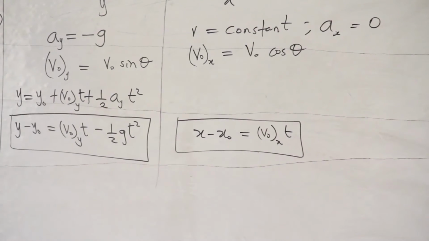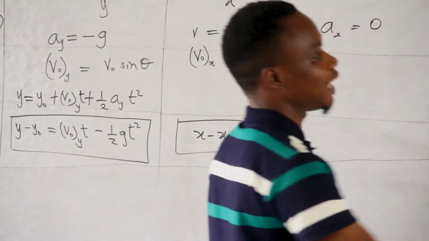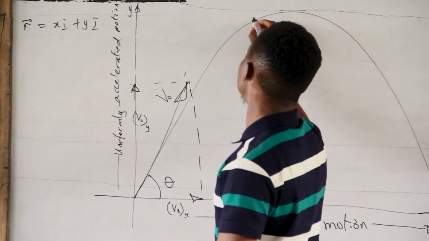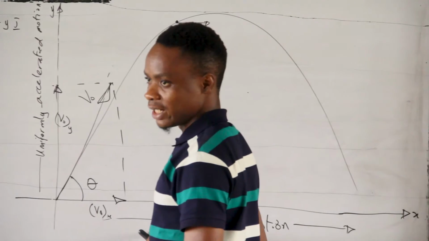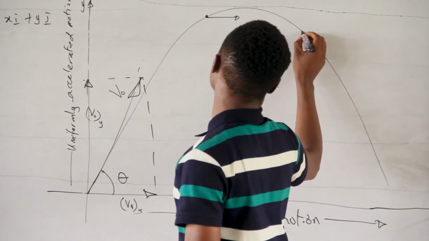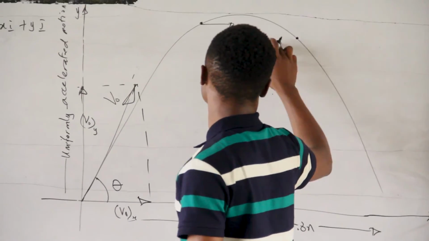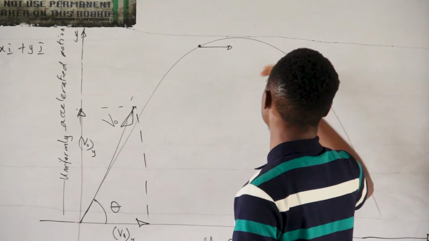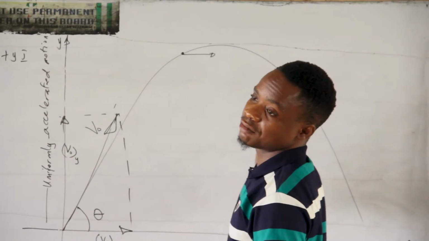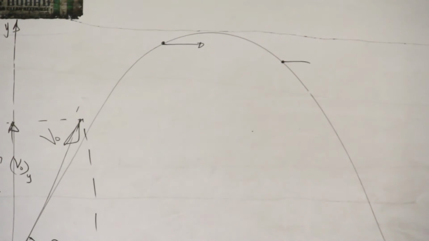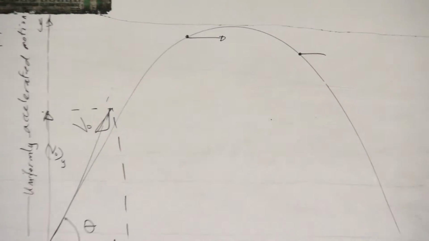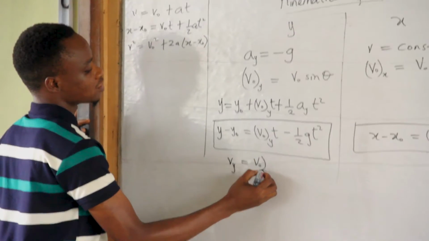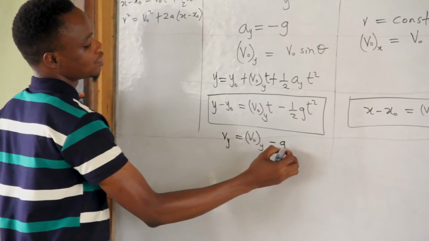That means when I get to another point and I want the velocity there, its x component will still be the same as v0x. So the only thing I have to worry about is the y component of velocity. If you want the y component of velocity at any point, you can always use vy equals v0y minus gt.